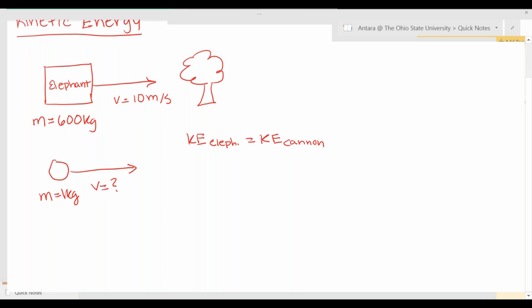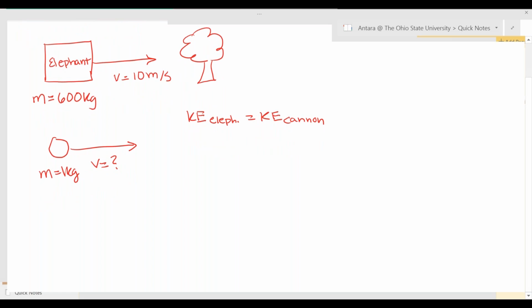Let's first use our formula: kinetic energy is equal to 1/2 mv squared. We have mass and we have velocity for the elephant, so we can easily find the kinetic energy of the elephant. Let's go ahead and do that.